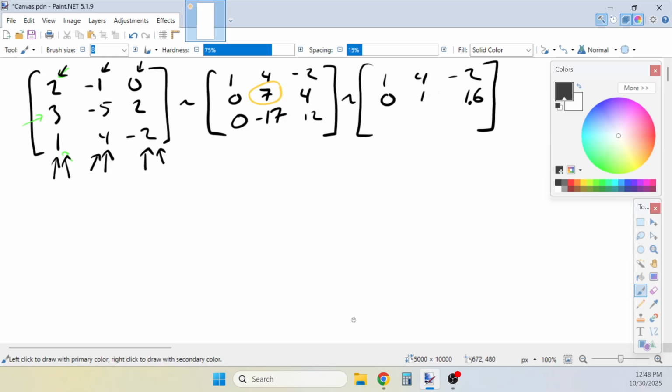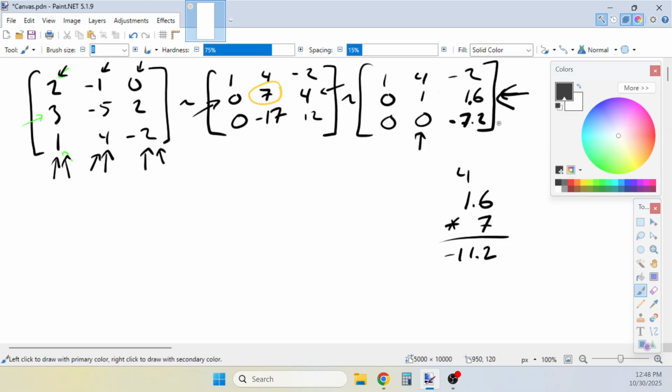then if I do -7 times this row, that'll get 0, -7 plus 0, -7 times this, get 6 times 7, negative, -11 plus 4 gives us 7.